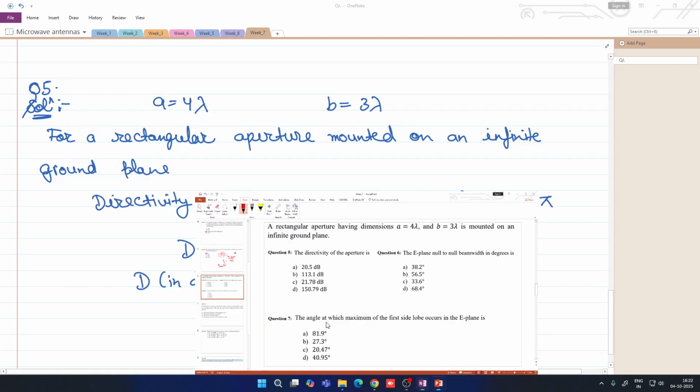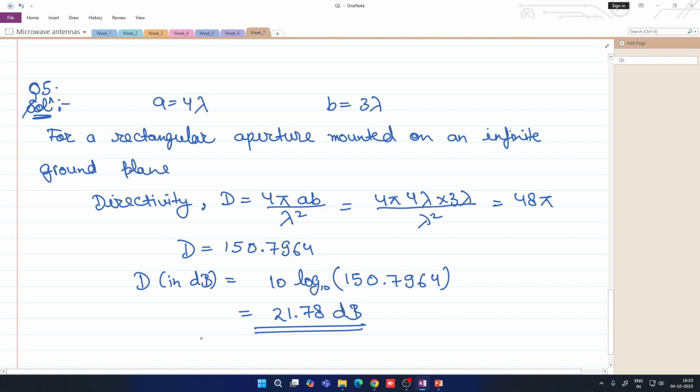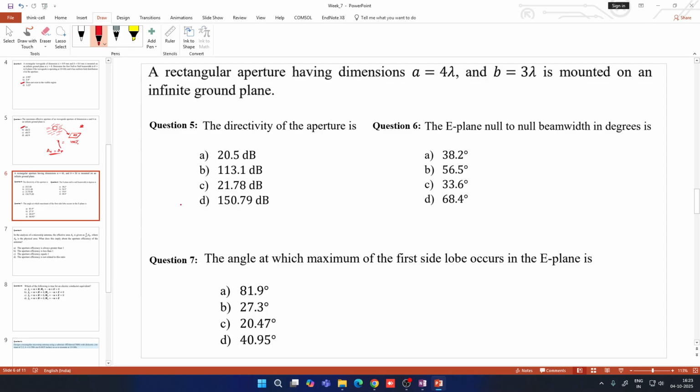If we match with the options, the correct option is C, 21.78. Now in question 6 we have to find the E-plane null to null beam width in degrees.